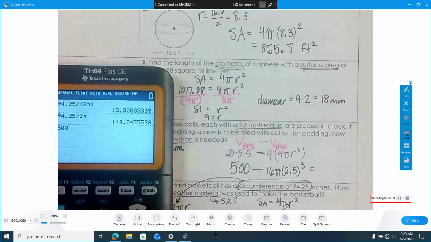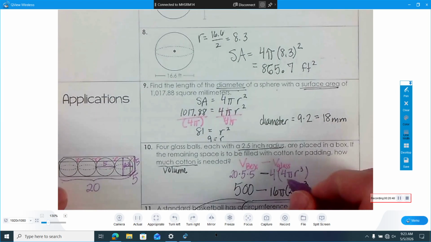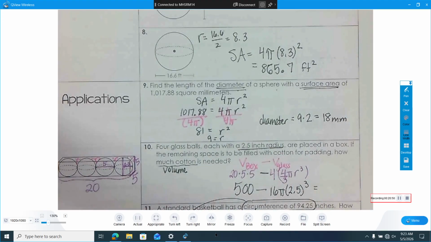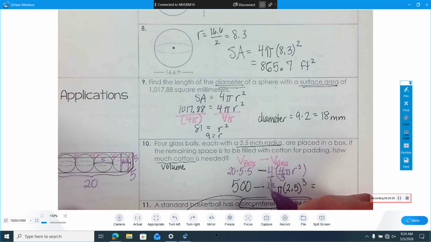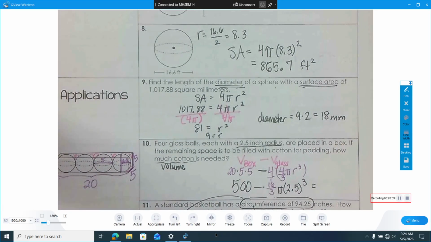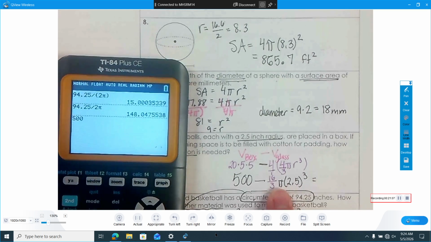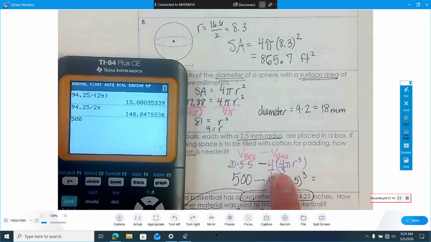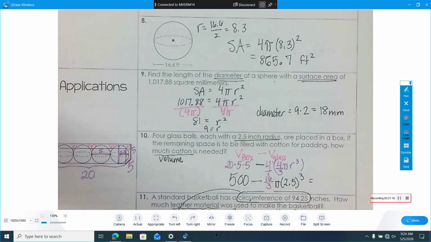Oh, wait a minute. It's not 4. Volume is 4/3. That's what we're missing. Volume is 4/3 pi r cubed. So this should be 4 times 4 is 16/3. Why are we doing the cube, like repeated? Yeah, because this is the volume of the sphere.